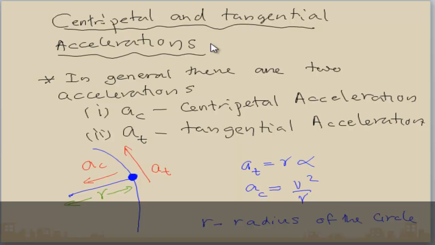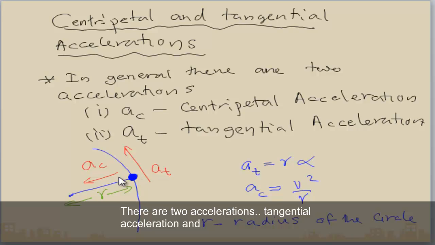In general, there are two types of accelerations in a rotational motion. One is the centripetal acceleration that we learned previously, which is pointed towards the center. The other type of acceleration is called the tangential acceleration, which is tangent to the circle.